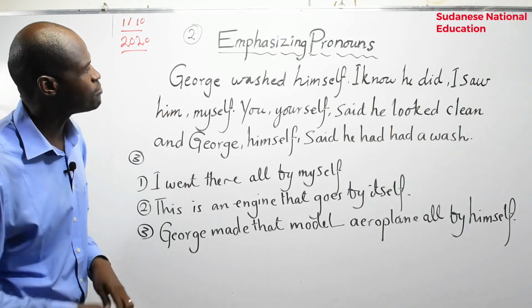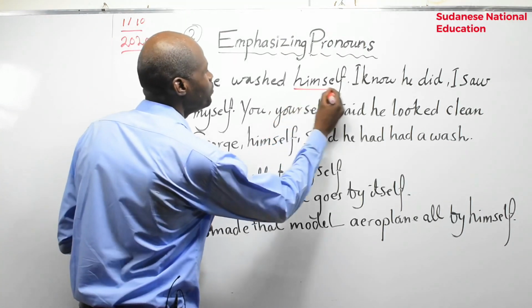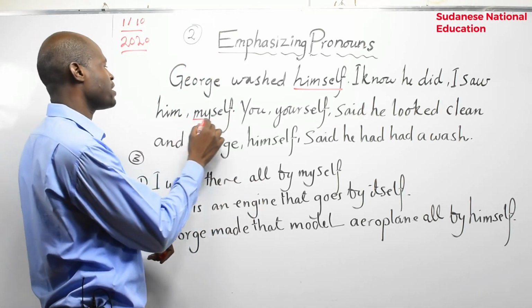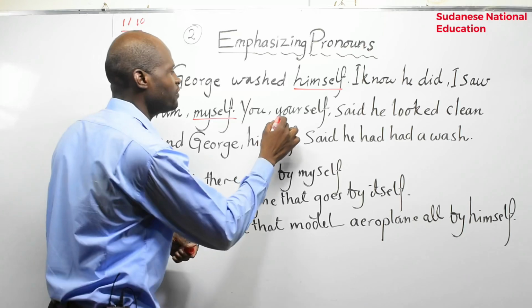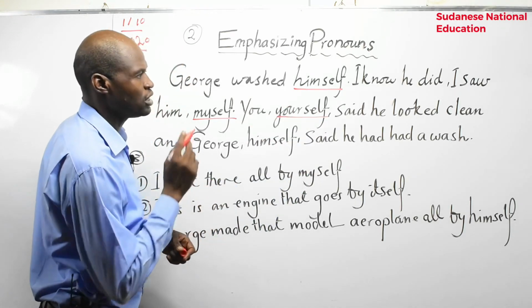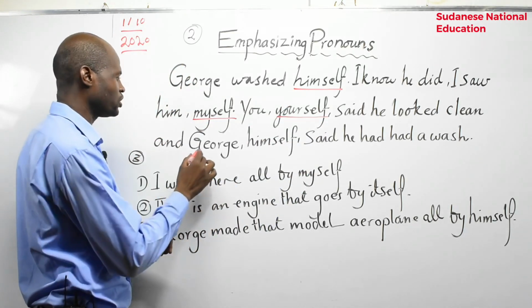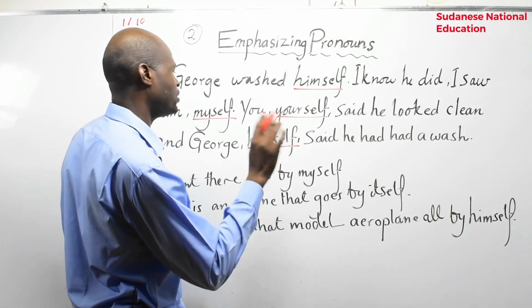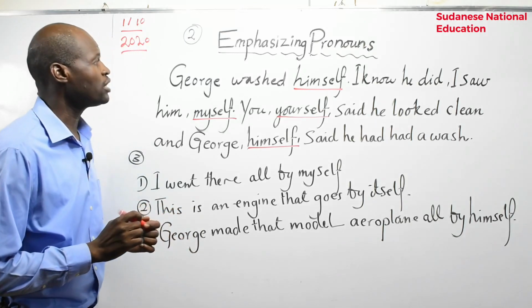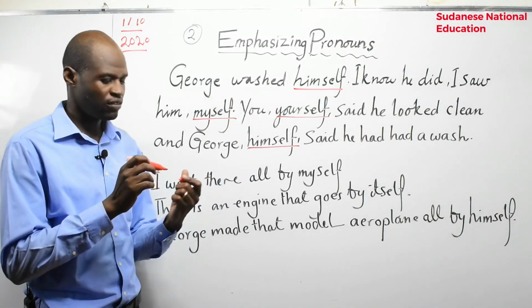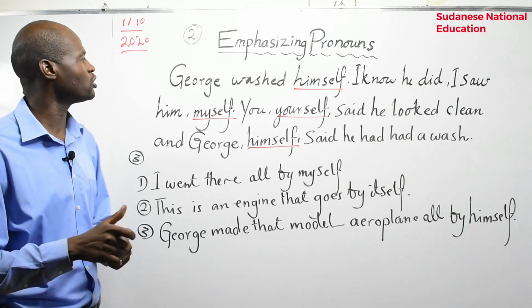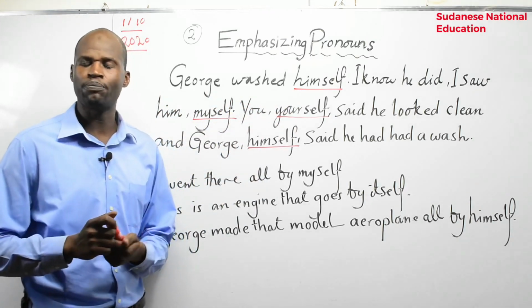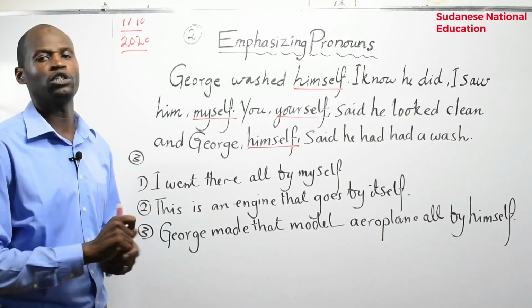George washed himself. I know he did. I saw him myself. You yourself said he looked clean, and George himself said he had had a wash. Here, of course, this "himself" is a reflexive pronoun because the subject George and the pronoun himself are the same person.